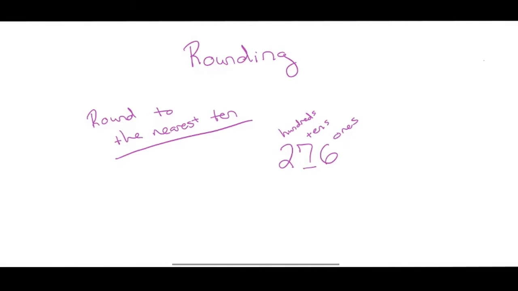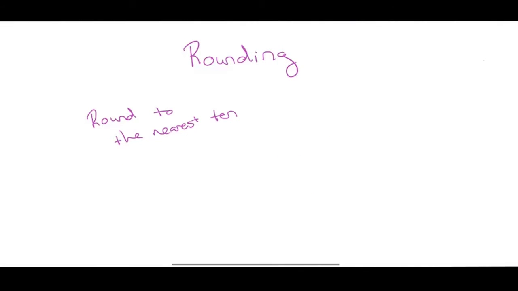So I look to the right and I see that it's 6. And I ask myself, is this more than 4? And 6 is more than 4. So 1 gets added to the 7. So it becomes 280. And that's how you round 276 to the nearest 10.